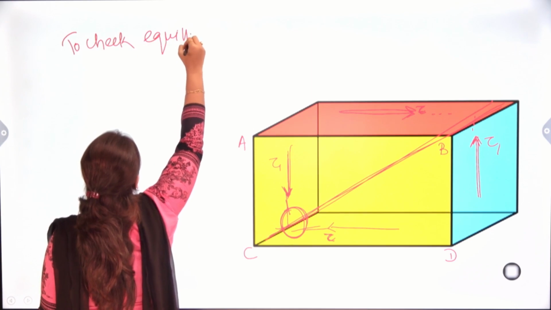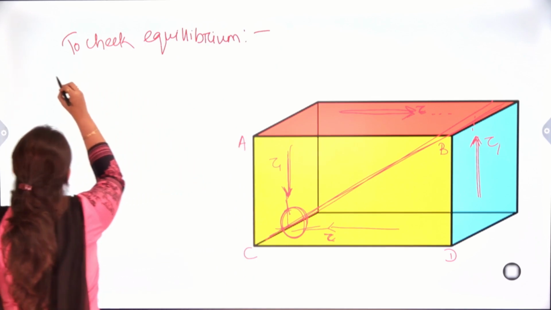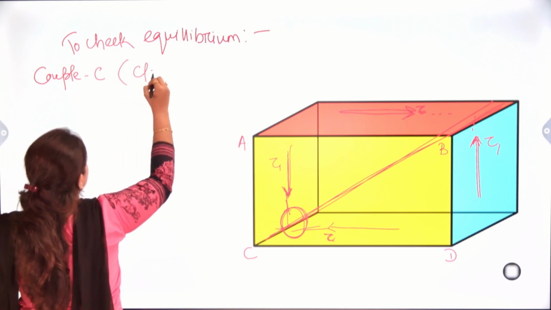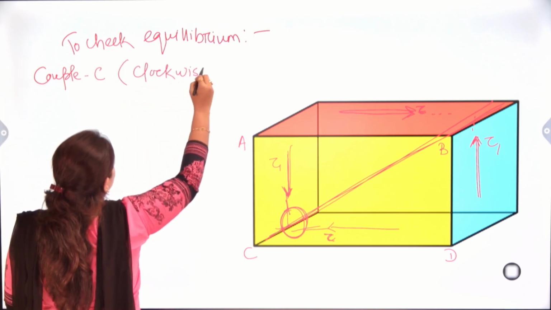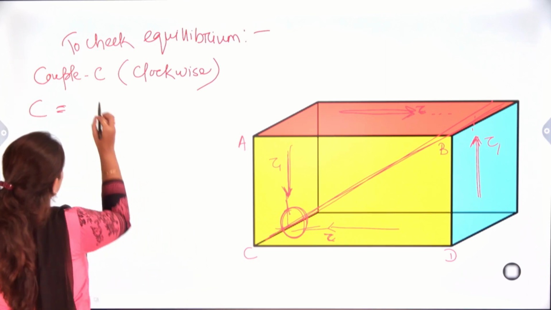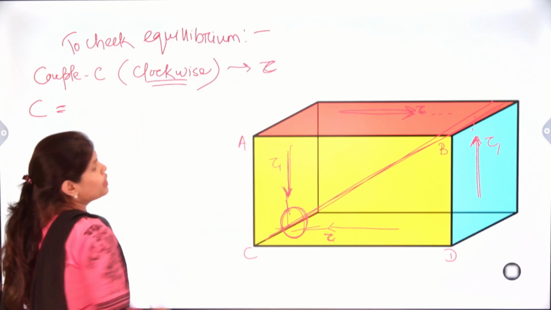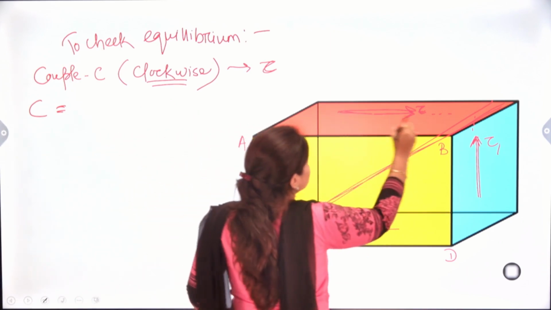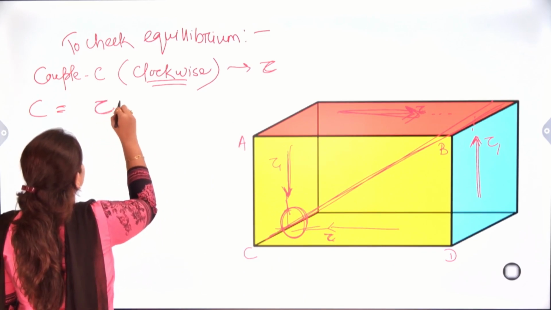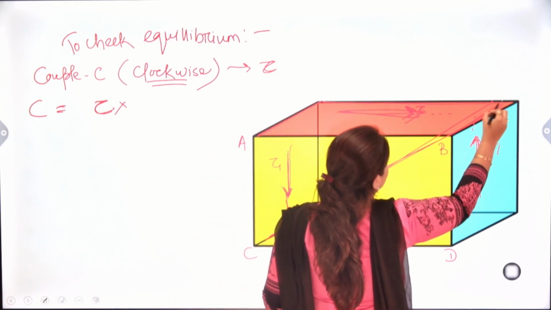So to check equilibrium, we will take the couple C in the clockwise direction. To calculate this, the clockwise couple occurs due to this shear force. This shear stress tau is acting here in this plane, right?